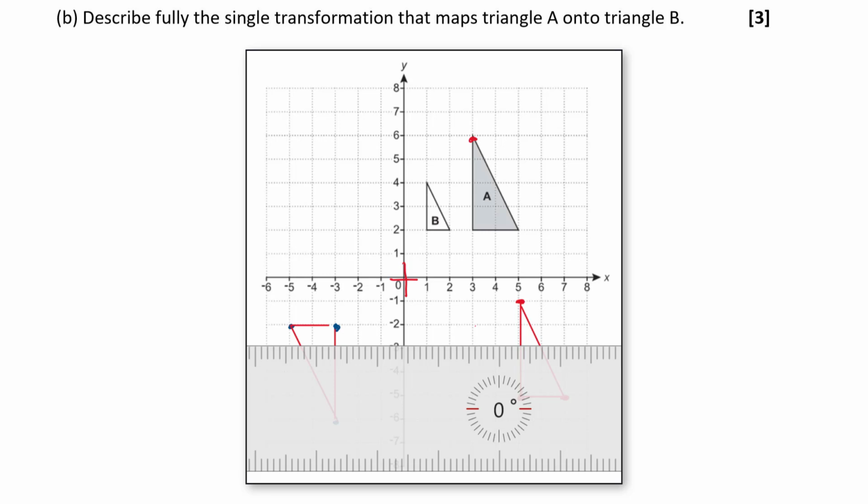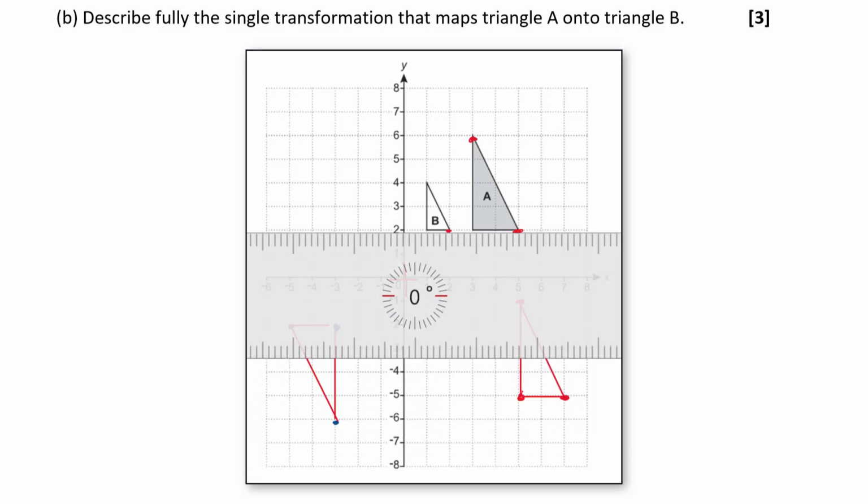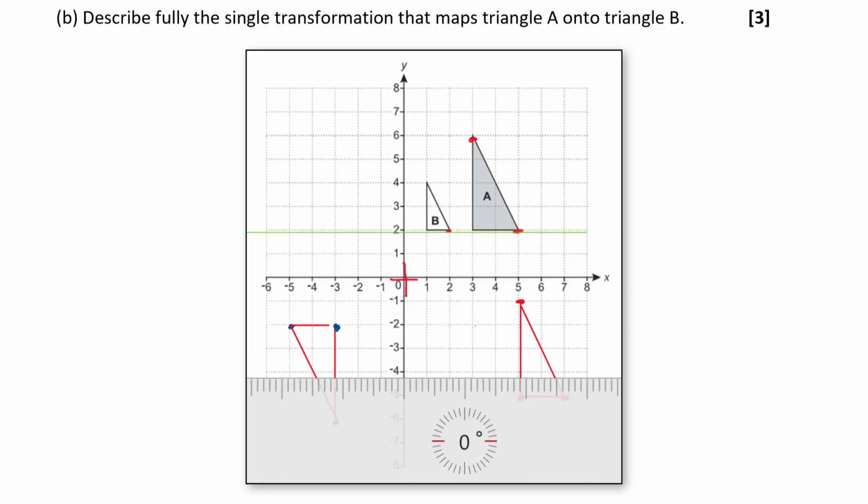This point here matches up with this point here on the image. So if I draw a ray line through those points, I'm going to use green. So like so. Just draw these faint really, and then I'm going to do the same. I'm going to find another 2 points that go together, so that tip of the triangle goes with that tip of the triangle down there, doesn't it?